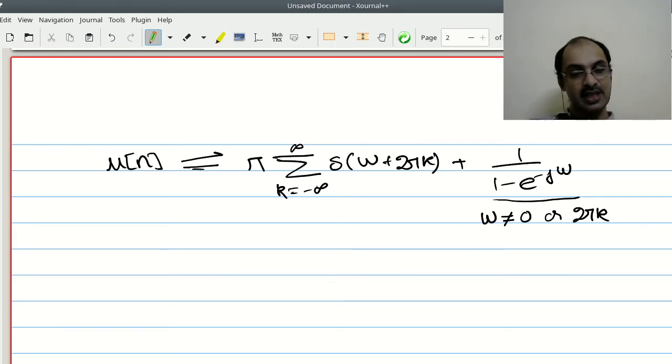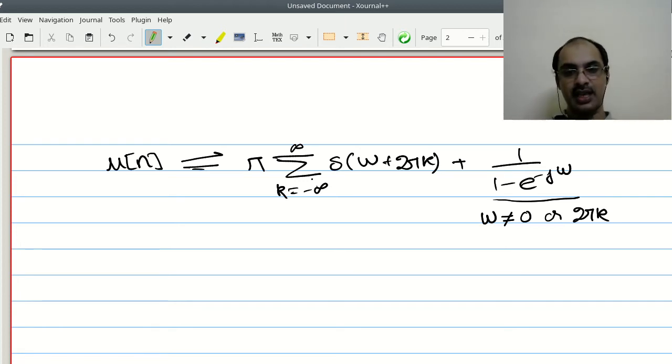So the 0 case alone has to be handled in a tactful way. For the 0 case alone, there is some extra stuff over here which results in an impulse. So this is a special case, and one question is, how do you derive this? It turns out that this can be derived in a careful way.